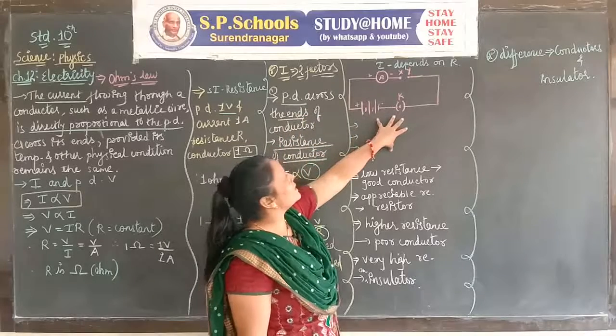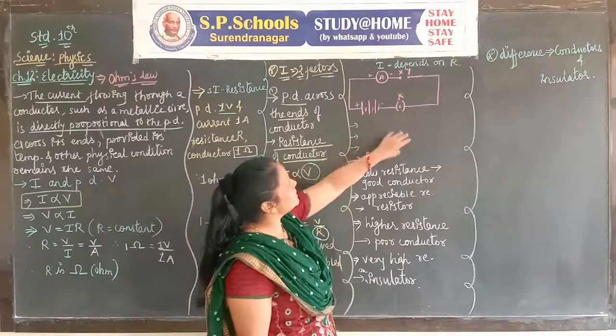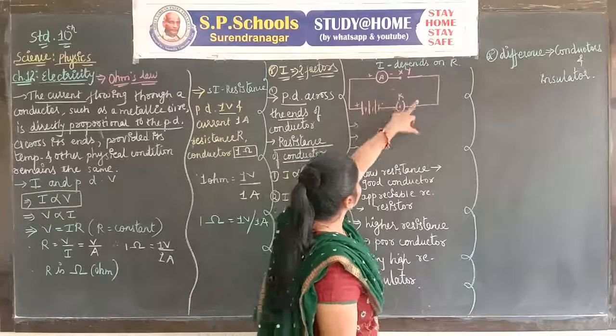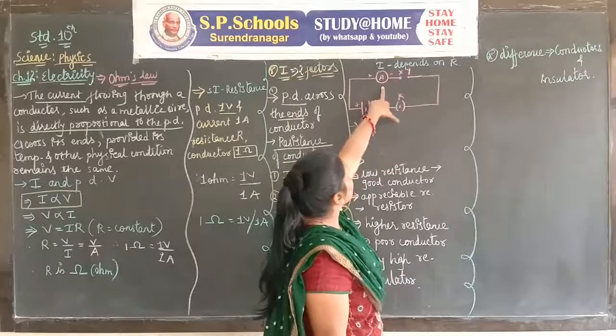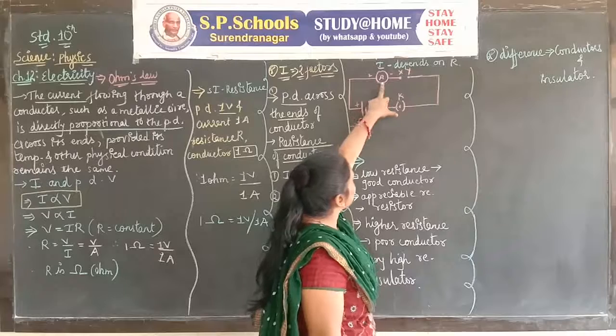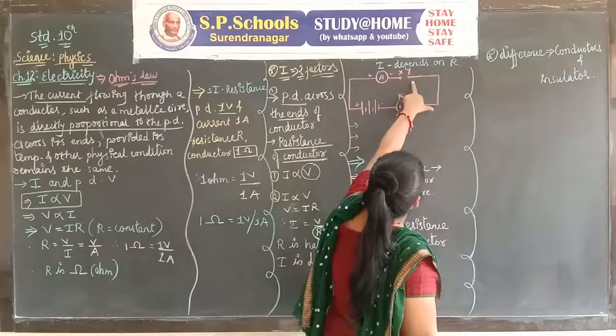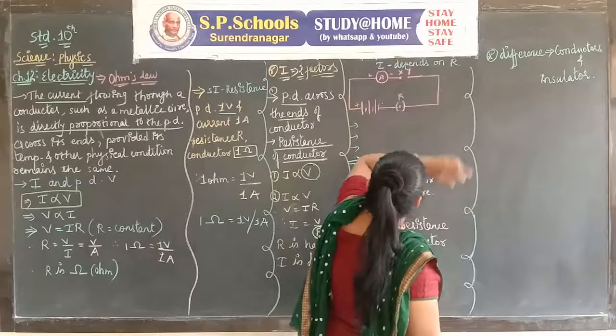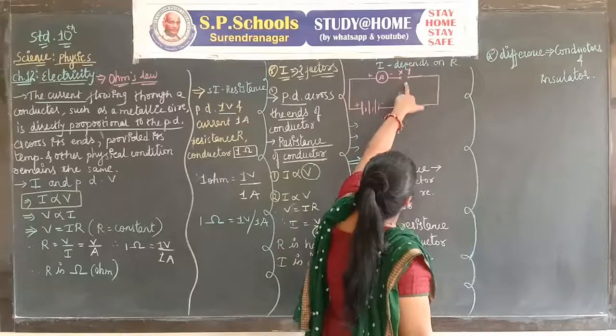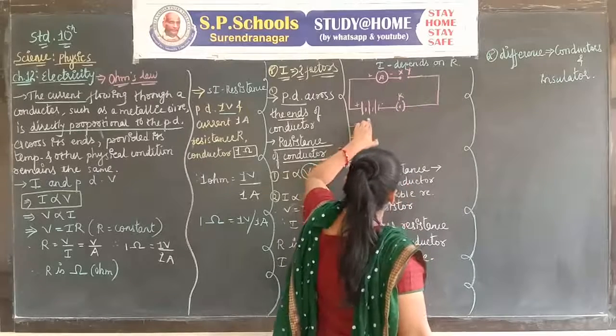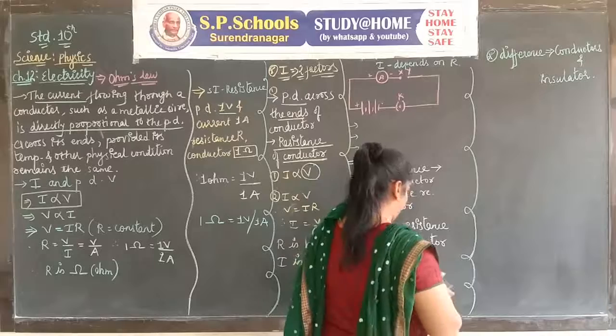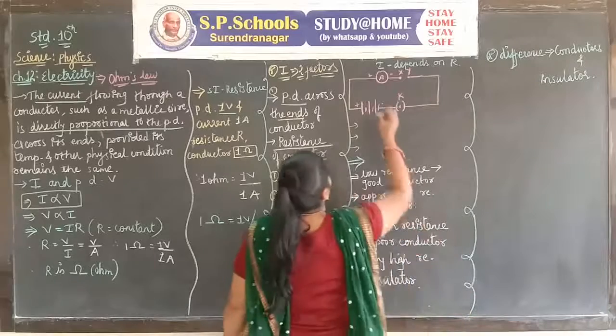We take one activity: we take a metallic wire and an ammeter connected in series. We have two points X and Y. We keep a gap between X and Y, with the battery and the key.